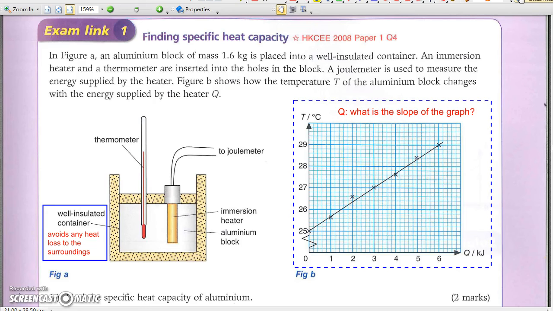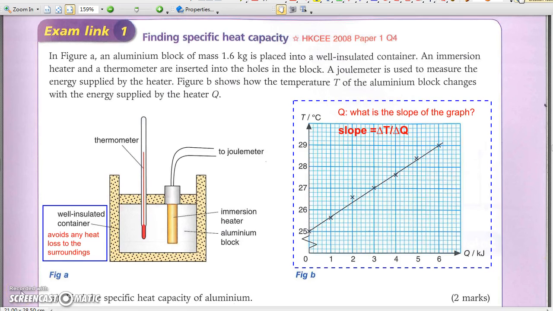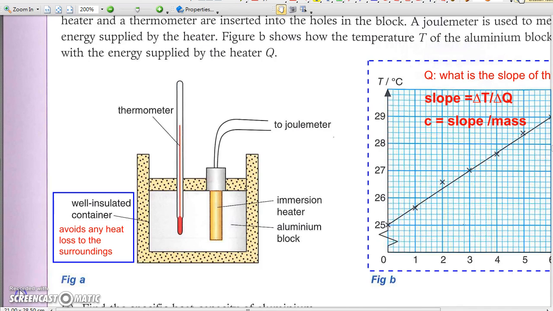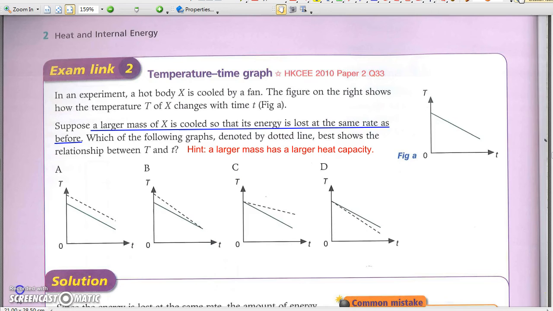We may calculate the specific heat capacity c by c equals 1 over slope times mass. For part B, heat loss to the surroundings is not acceptable as an answer since the block is well insulated. So you can only suggest there is heat loss to the container and the thermometer instead.